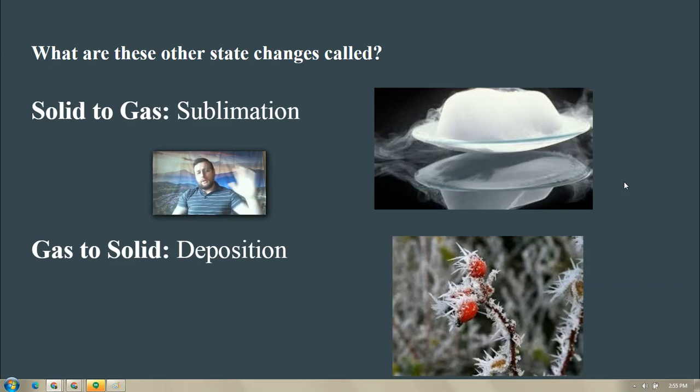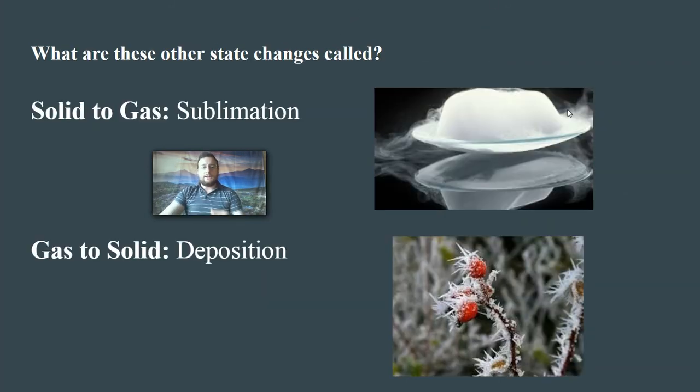And sometimes when the sun hits the snow in the morning, you can actually see the snow becoming gas straight away. Likewise, you can go from gas straight into a solid, and we call that deposition. And you can see that when frost happens in the morning, the water vapor gathers around the plants. The surface is very, very cold, and it will freeze right there, straight from gas. That's called deposition.